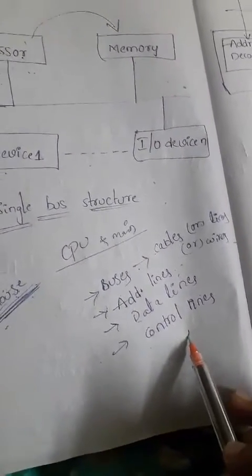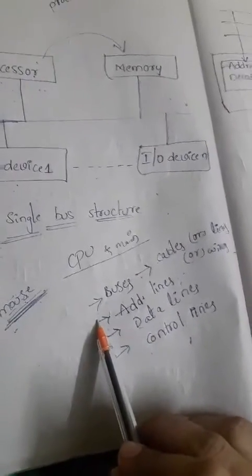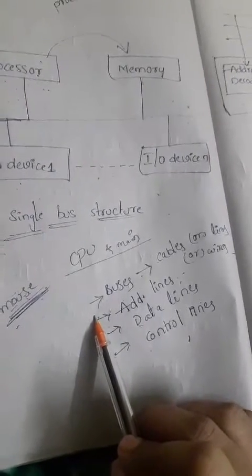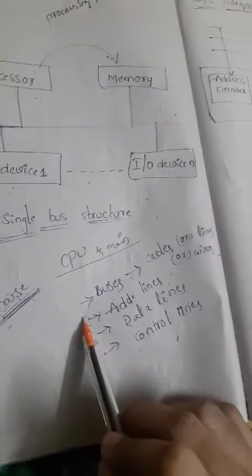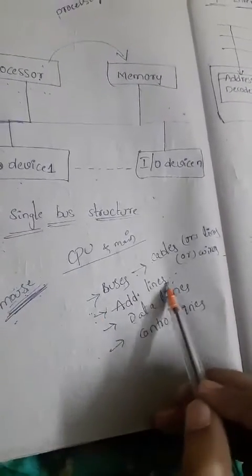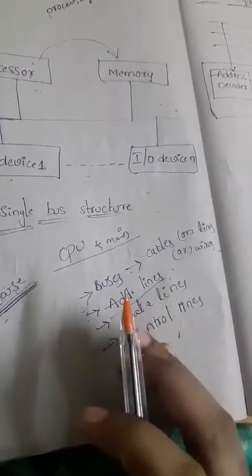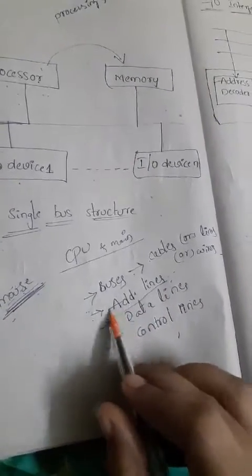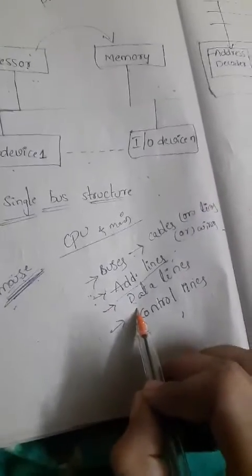Okay, by using these address lines, the bus specifies where the data should be accessed, or from where the data should be taken, or where the data should be stored. So the main function of address lines is to specify where the data should be accessed or stored. What about data lines?